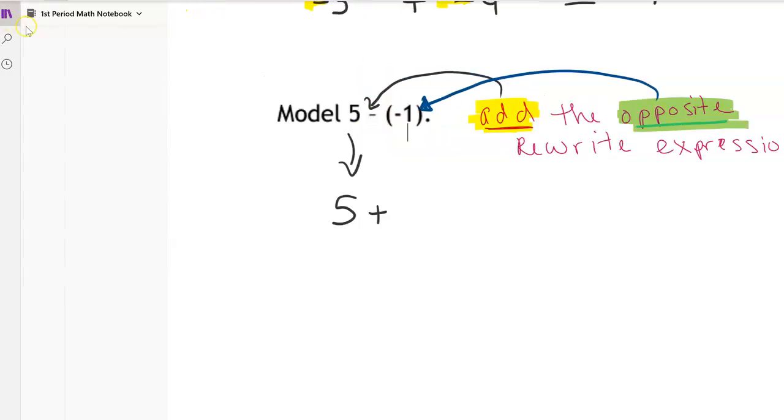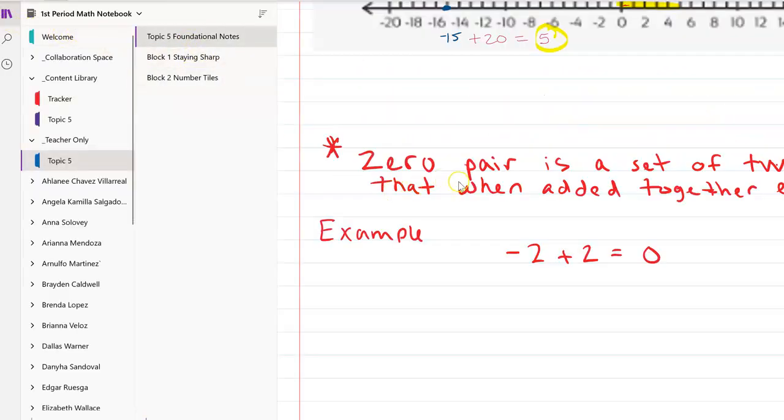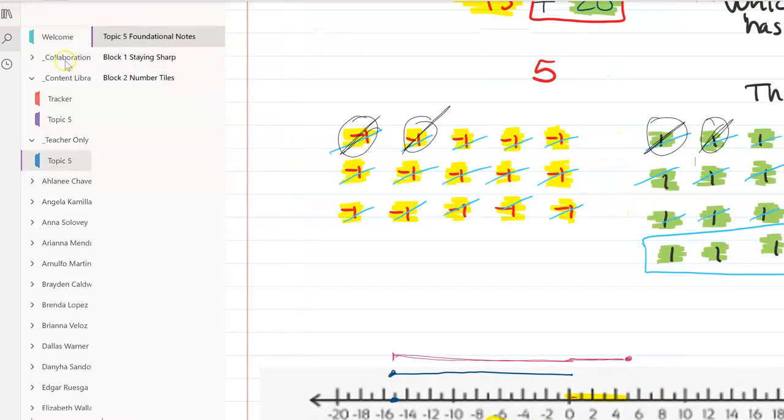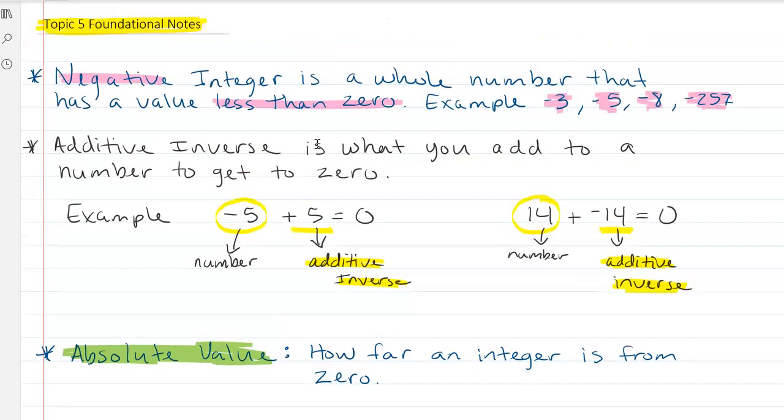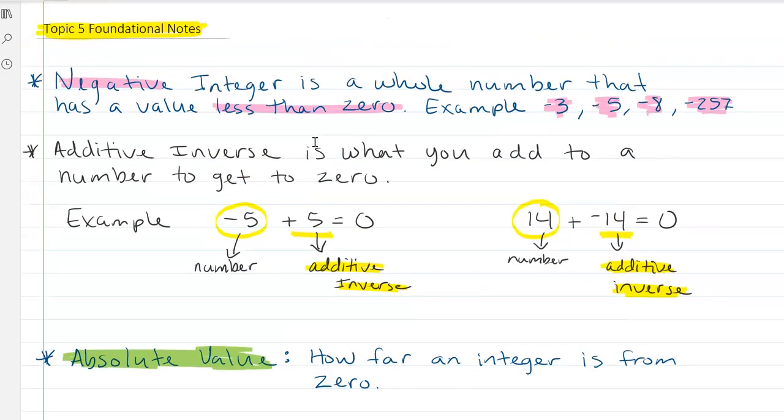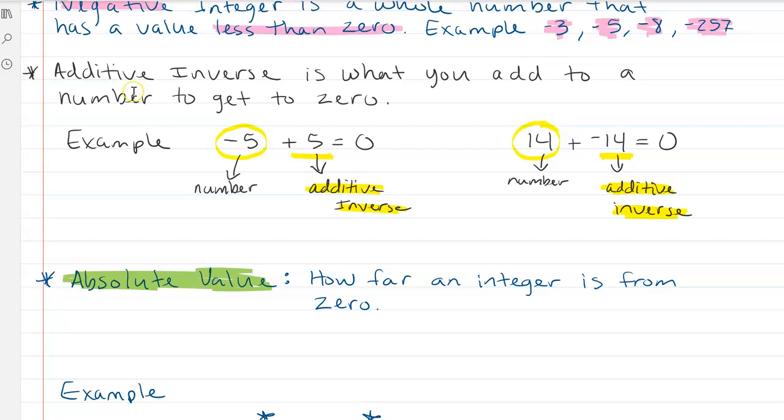Now, if you go back real quick to your foundational notes, you learned up here that, right here I had talked in the notes about an additive inverse, which is also, I said, if you were watching the video notes and listening, I also said I might refer to it as the opposite.